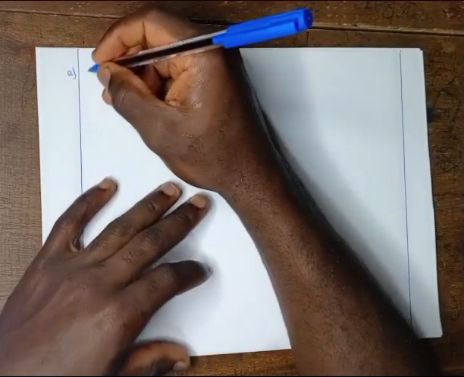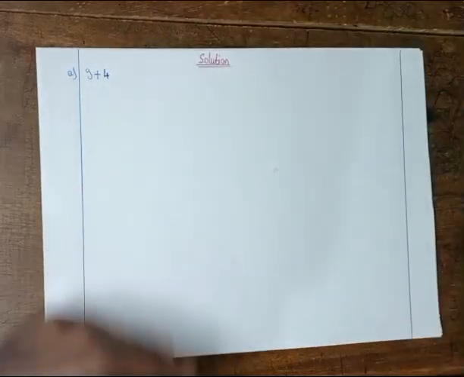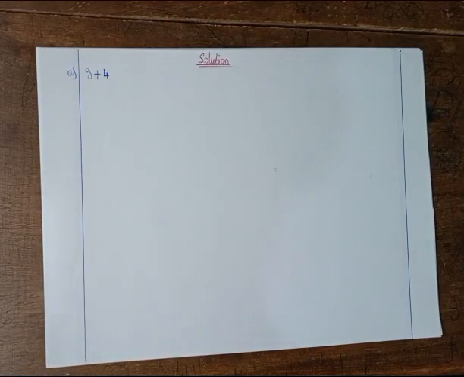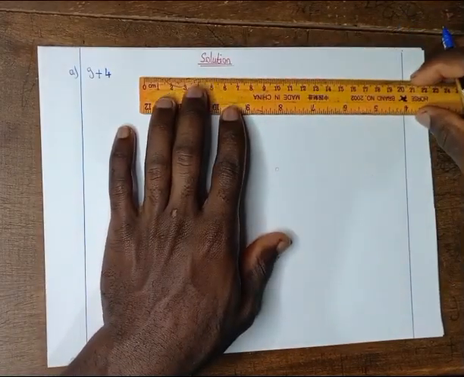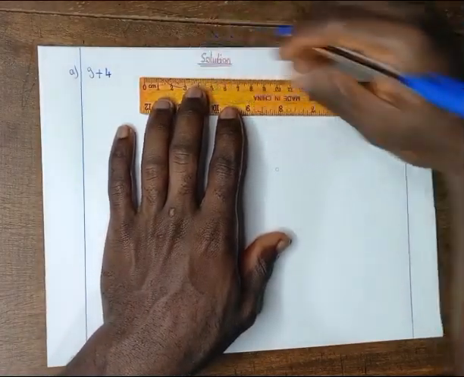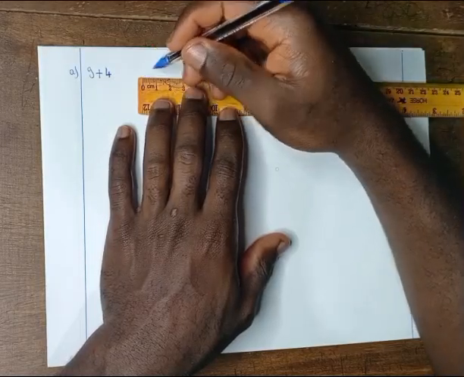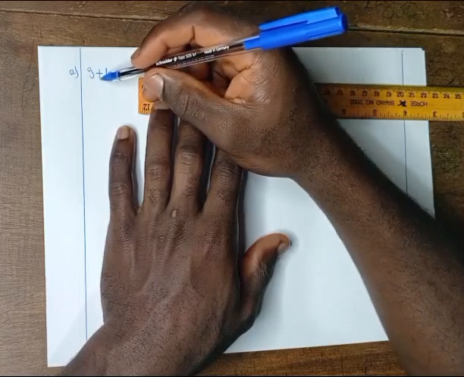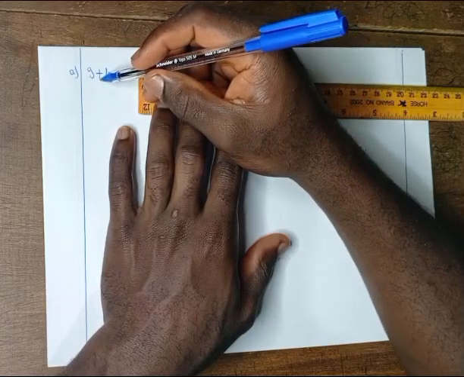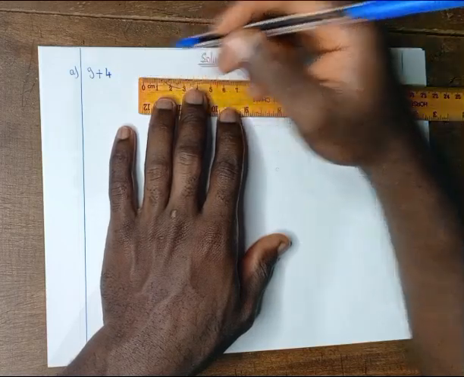Question A. We have 9 plus 4. For us to answer this question using a number line, the first thing we need to do is start by drawing our number line. The number line should contain the first number. In this case, our first number is 9. The operation is addition. The second number is 4. So that means we have to extend the number line to the right hand side.